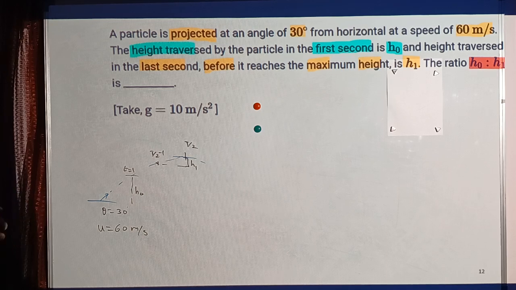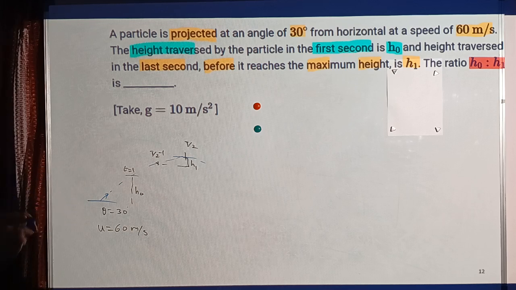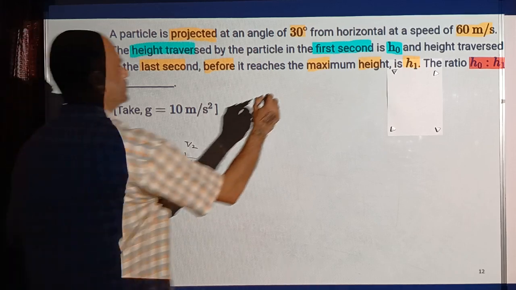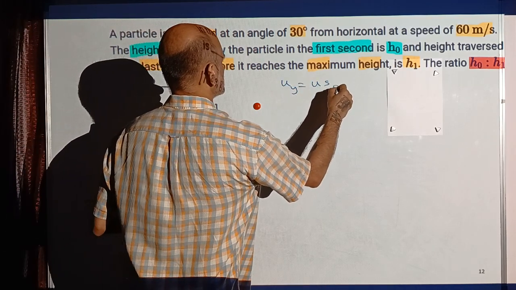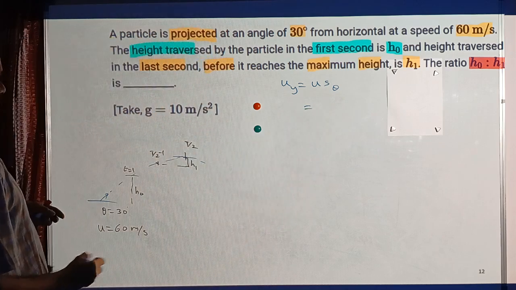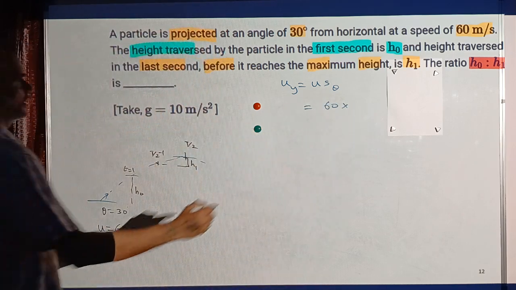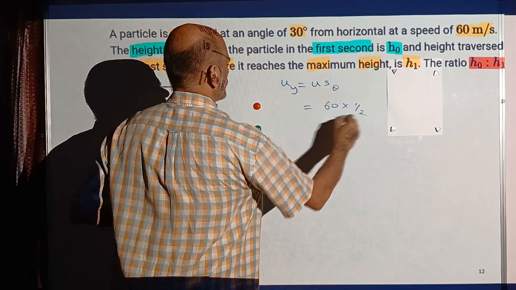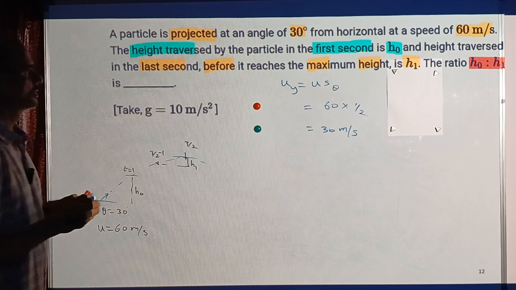So in the vertical direction, you can write S equal to ut plus half at square. Initial velocity in the y direction is u sine theta, which is 60 times sine 30, which is half. So it is 30 meter per second.